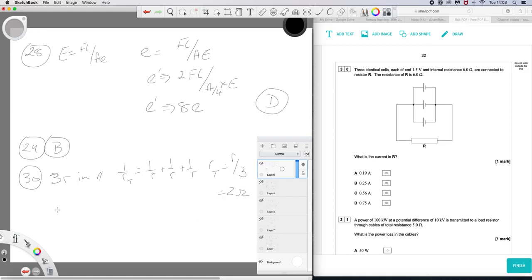So your total resistance in the circuit then would be R plus the total internal resistance, which is 6 and 2, is 8 ohms. So the current then is V over the total resistance, that is 1.5 divided by 8, which gives us an answer of 0.19.